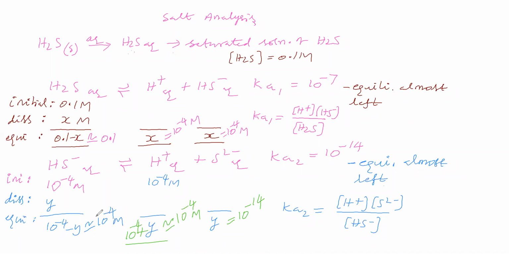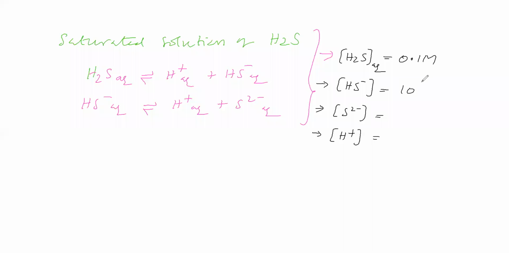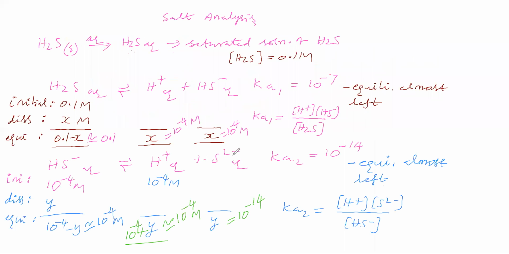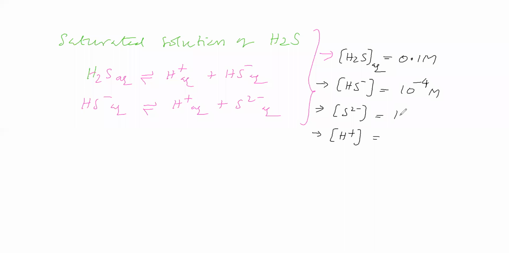Then the concentration of sulfide at equilibrium is 10 power minus 14 molar. So we got the concentrations of sulfide and bisulfide.